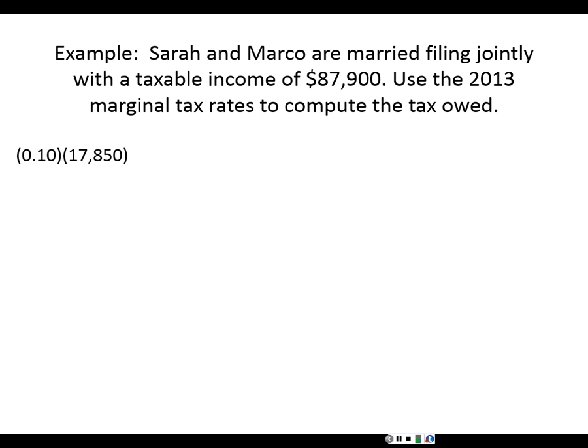Not 10% of their income, $17,850 worth of their income is taxed at the 10% rate for everybody who's married filing jointly. Everyone who's married filing jointly only pays 10% tax on the first $17,850 that they make.